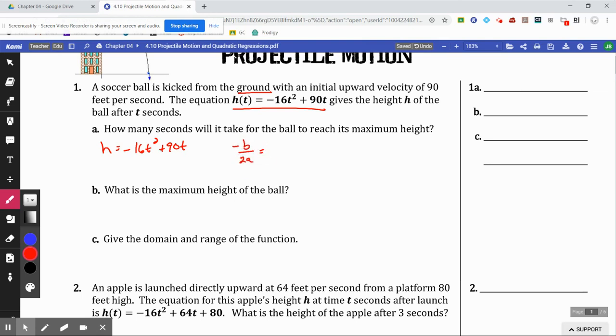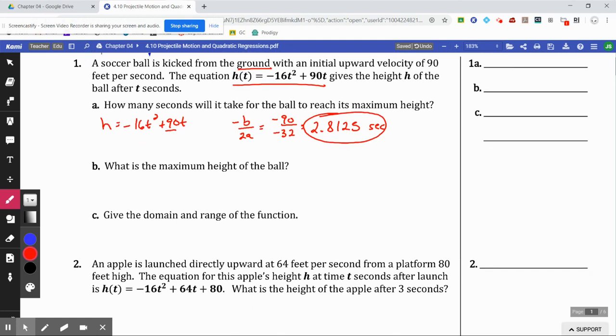My b is 90, so you have negative 90 over 2 times negative 16, which is negative 32. When you divide that out, you get 2.8125 seconds.